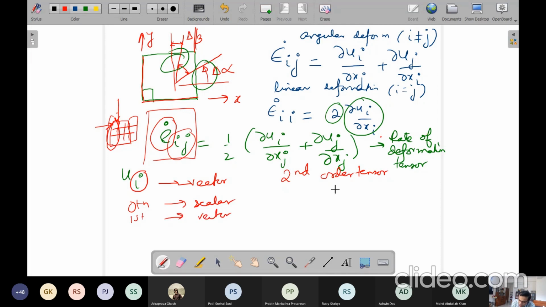Second order is this one. It requires 2 indices. So you could have n number of indices to have an nth order tensor. But nth order tensor in general is mathematically maybe relevant, but physically not interesting. In this fluid mechanics course, we will see the physical relevance of up to a 4th order tensor.